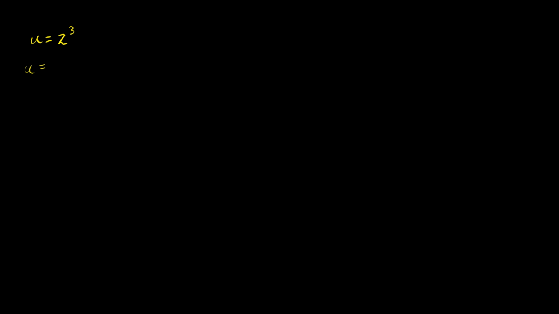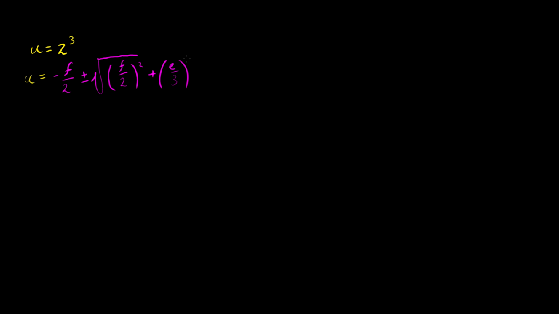So we got negative f over 2 plus or minus the square root. I'm just rewriting out what I had earlier. It's going to be f over 2 squared plus e over 3 cubed. So those are our two possible values of u.